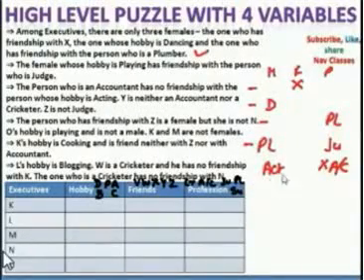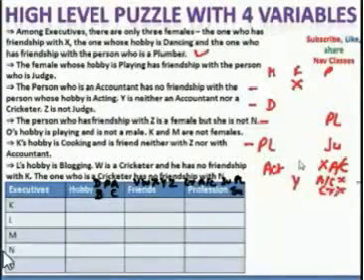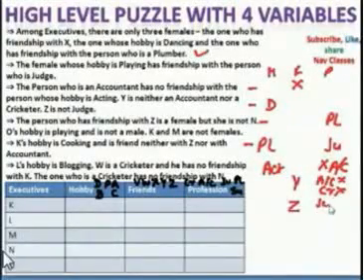Y is neither an accountant nor a cricketer, so I cross out accountant and cricketer for Y. Another piece of information is that Z is not a judge. Then the person who has friendship with Z is a female.